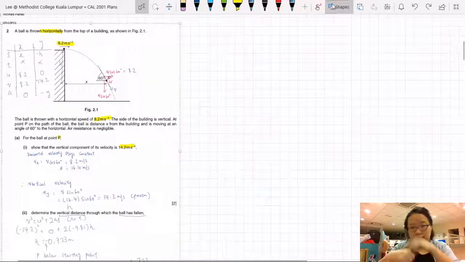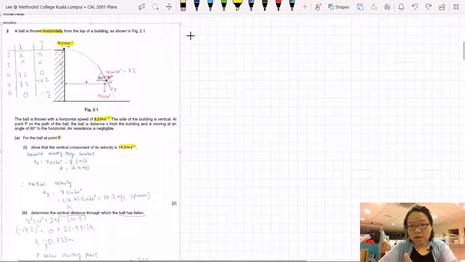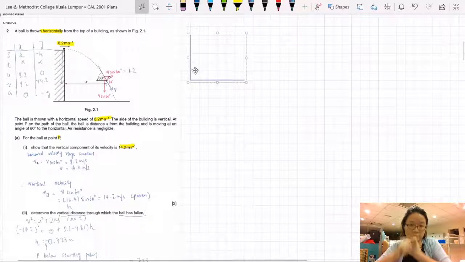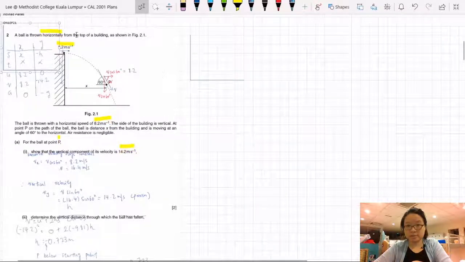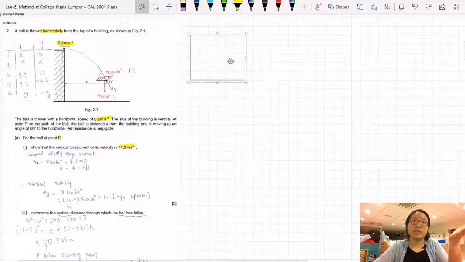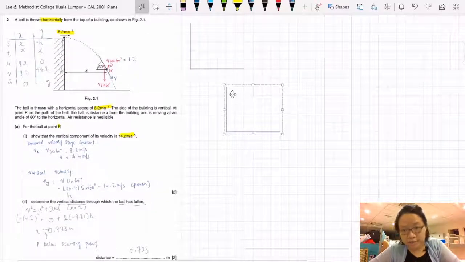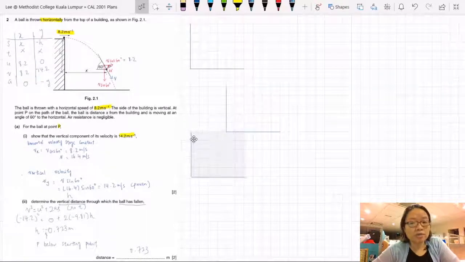Okay? So when I say describe, you have to think about describing in terms of magnitude: is it increasing, decreasing, or constant? You also have to think about it in terms of rate. Is it increasing uniformly? Is it decreasing uniformly?